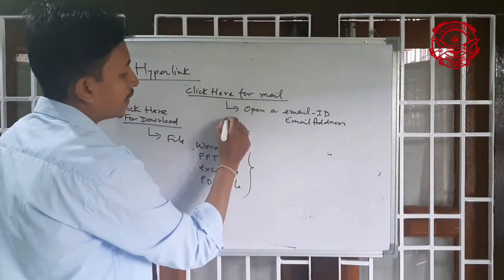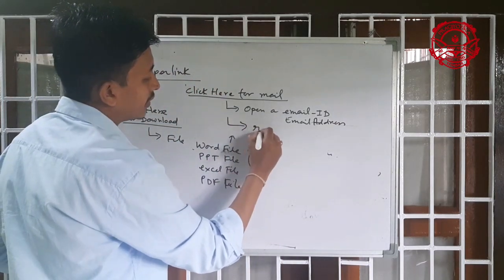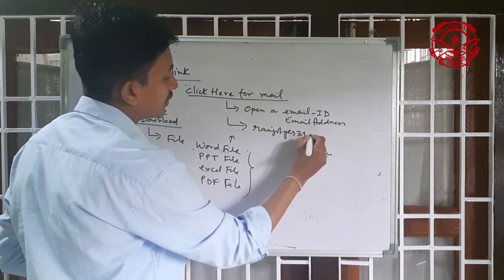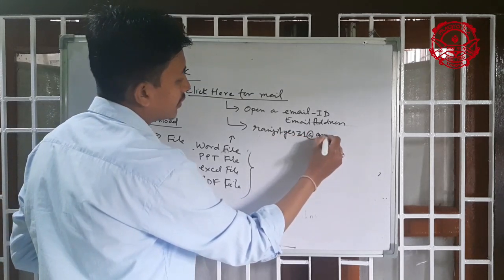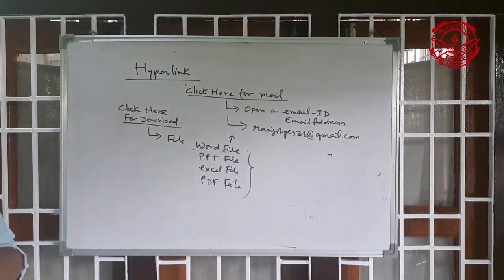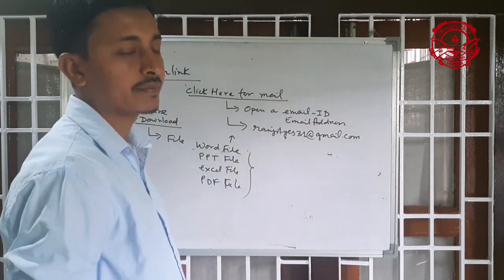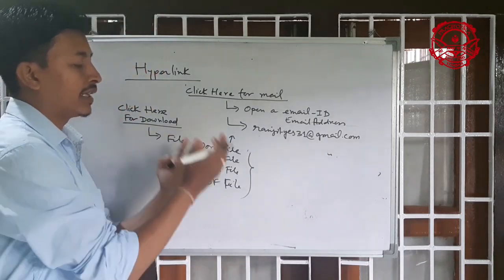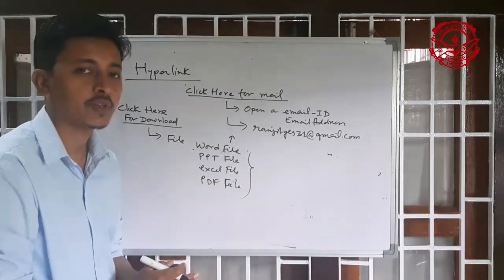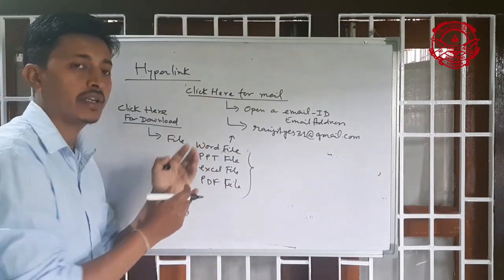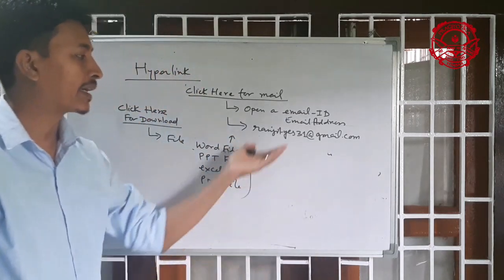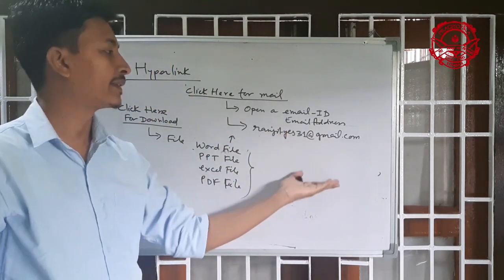Say my email ID is like Ranjit yes31 at gmail.com. So it will open this email ID. I just leave this hyperlink as an email ID. When the user clicks on this link, it will open my Gmail account.